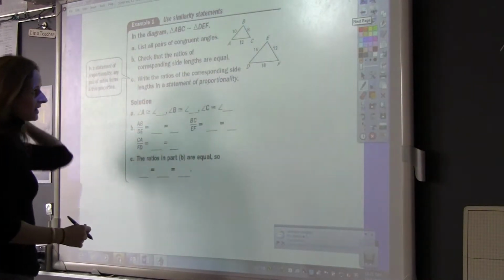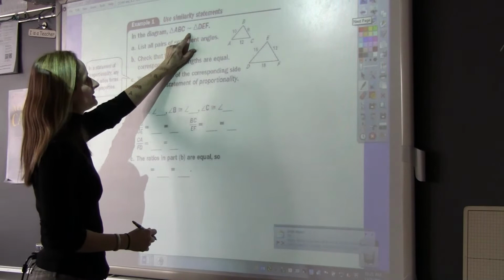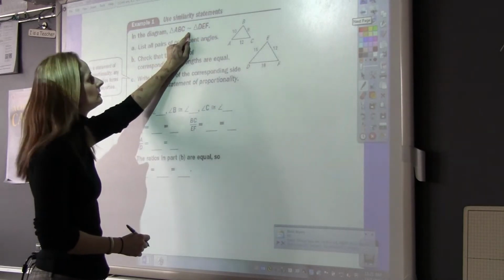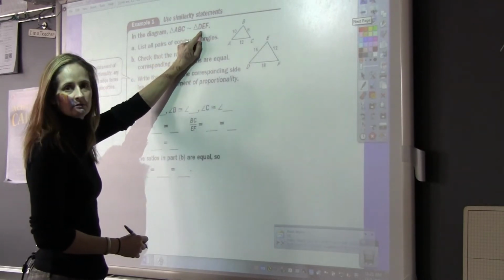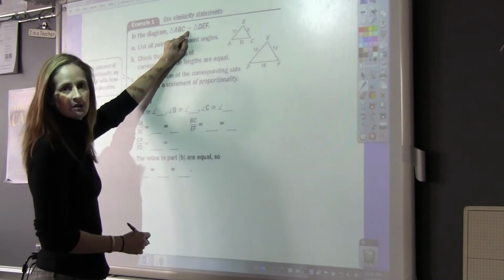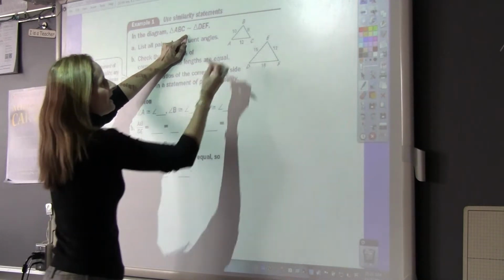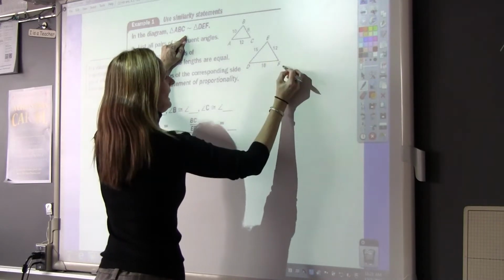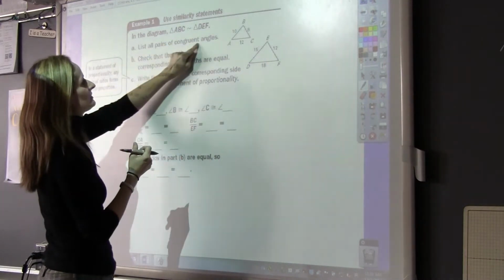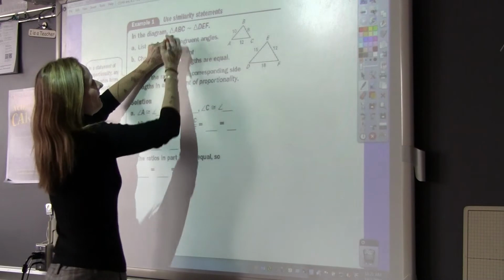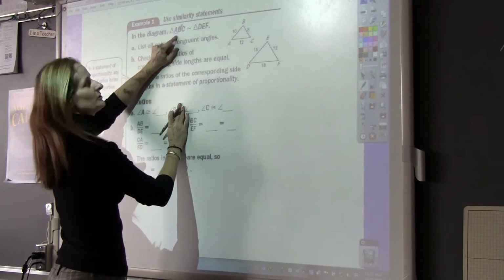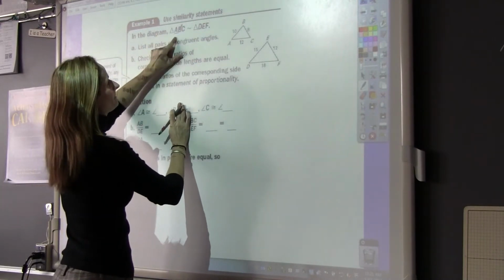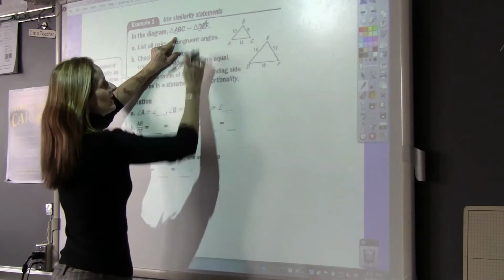So now in the diagram, they tell us that triangle ABC is similar to triangle DEF. That's the symbol for similar, and you need to know that. So ABC is similar to DEF. List all the pairs of congruent angles. Well, angle A is the first angle in this name. Angle D is the first angle in this name.